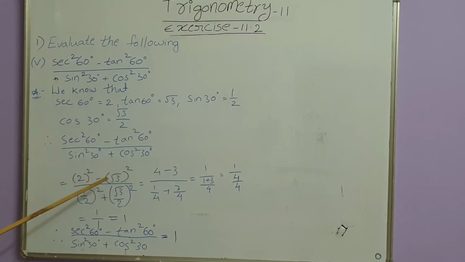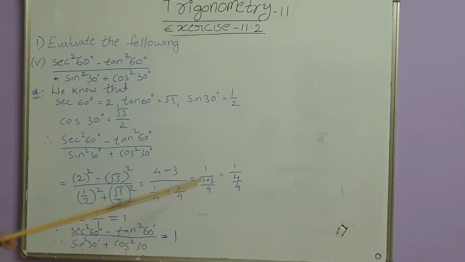the 4. The square and root cancel, minus 3 by 1 by 2 whole square, so 4, 1 by 4 plus root 3 whole square, this 2 and root cancel, by 2 to the 4 is equal to 4 minus 3, 1 by 4 is LCM 4 and 1 plus 3 is equal to 1 by 4 by 4.